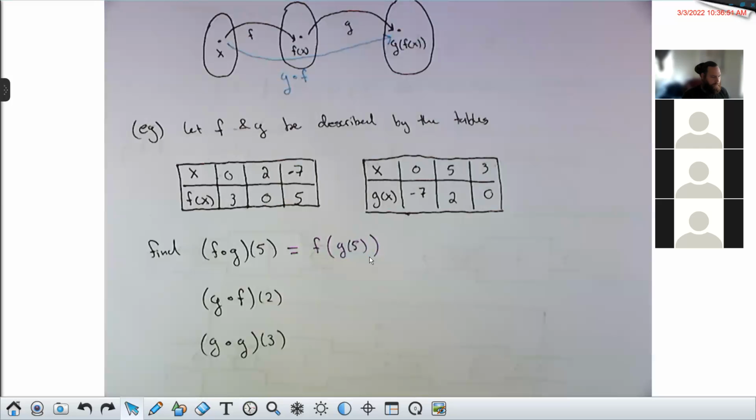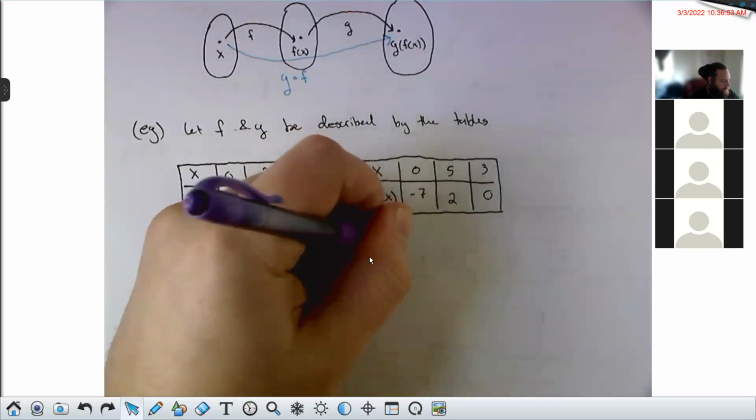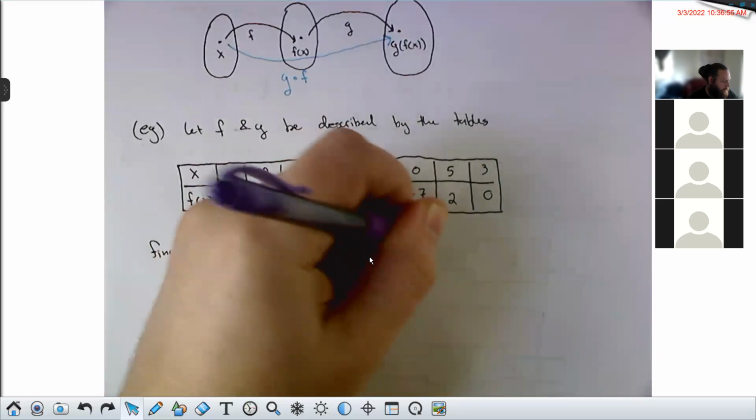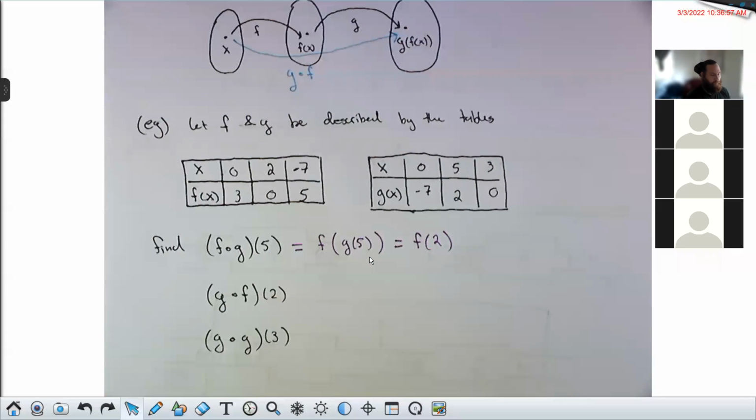2. Very good, it's 2. So f of g of 5 is f of 2, because g of 5 is 2. When x is 5, g of x is 2. That means g of 5 is 2. In other words, g maps 5 to 2. All right, now we're almost done.